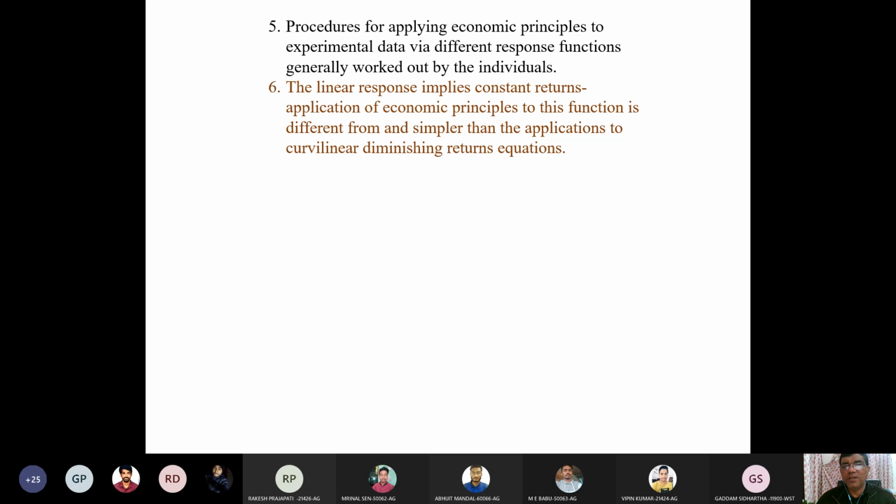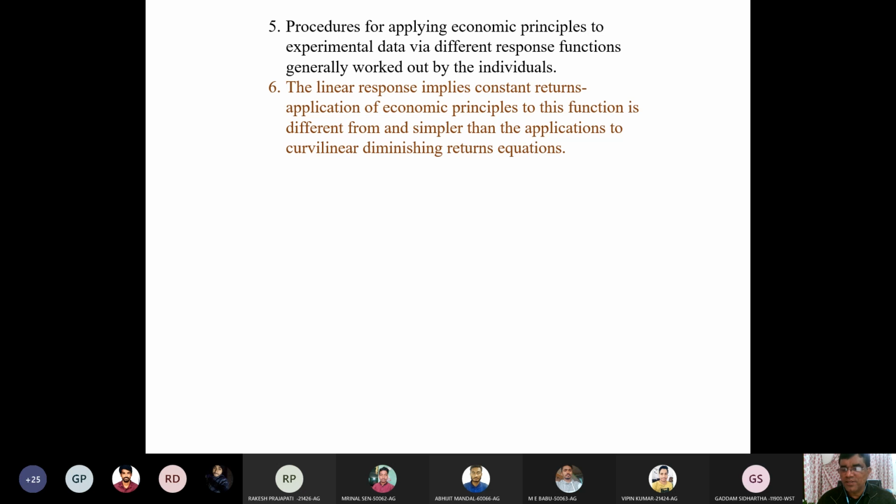The linear response curve implies constant returns. If your line is a straight line, then your returns are always constant. Application of economic principles to this function is different in form and simpler than the application to the curvilinear diminishing returns equation, because in a curvilinear relationship, your response varies.